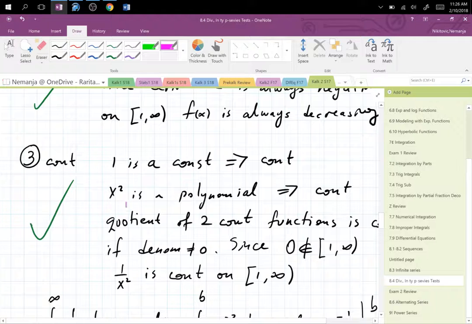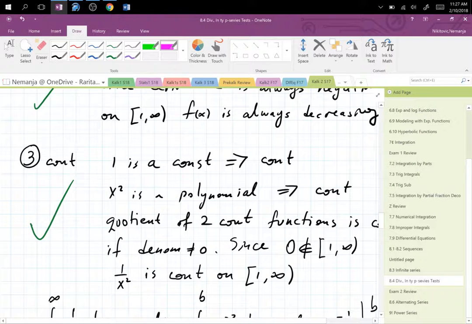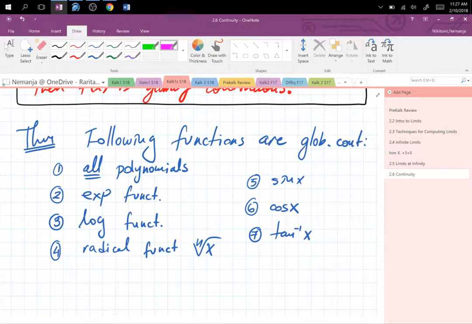So it says x squared is a polynomial, therefore continuous. 1 is a constant, which also belongs in that polynomial category, is also continuous. These two statements here came from where? They came from this.